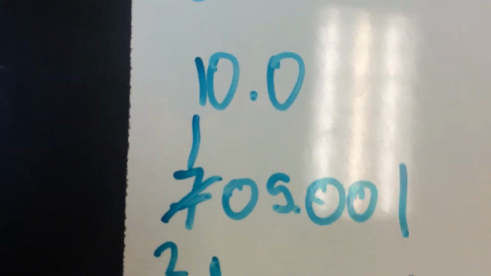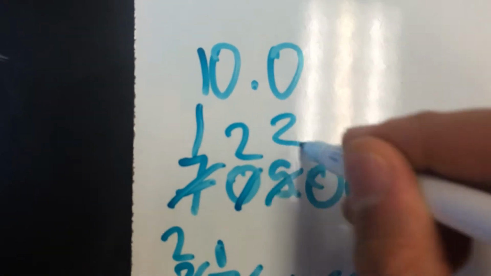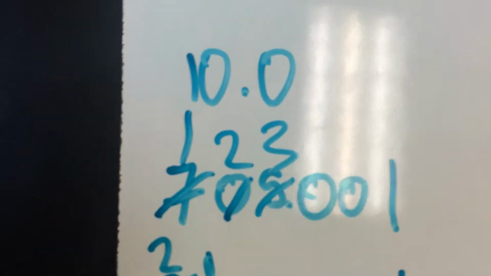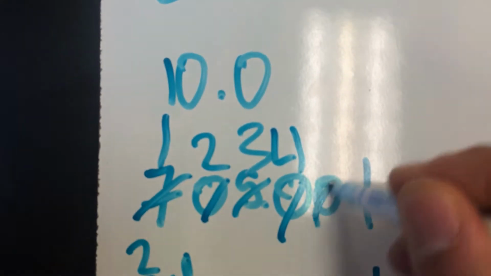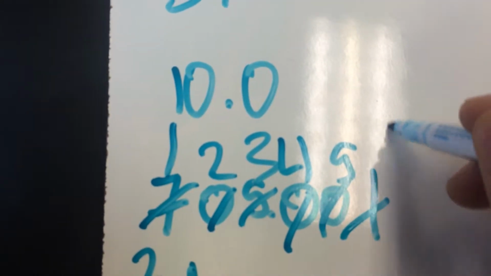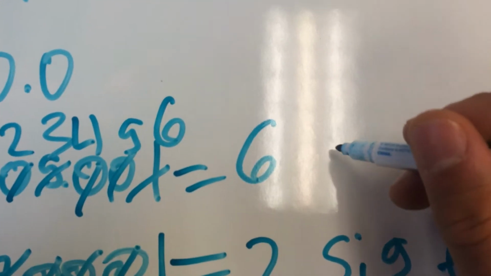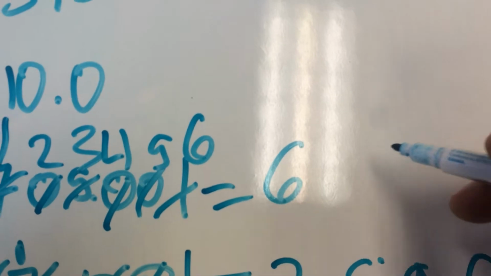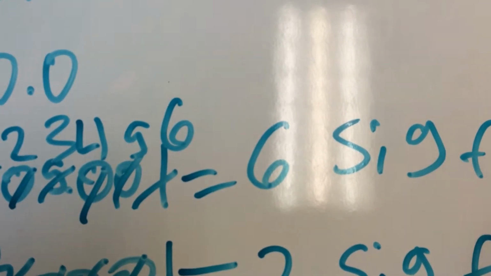And even though it's a 0, it's in between two numbers, so this counts. It's 2, 3, again, in between two numbers, so it counts. 4, 5, 6, which is equal to 6 sig figs.